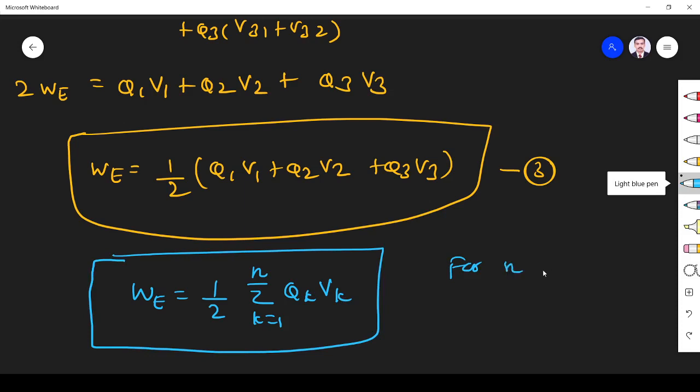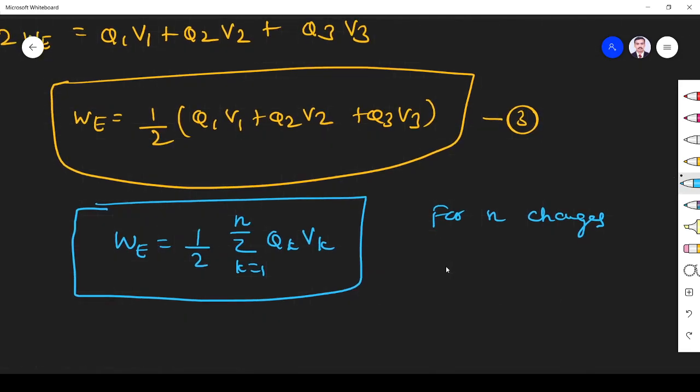So these are all point charges, right? Q1, Q2, Q3 are point charges. For that, this is the work done.